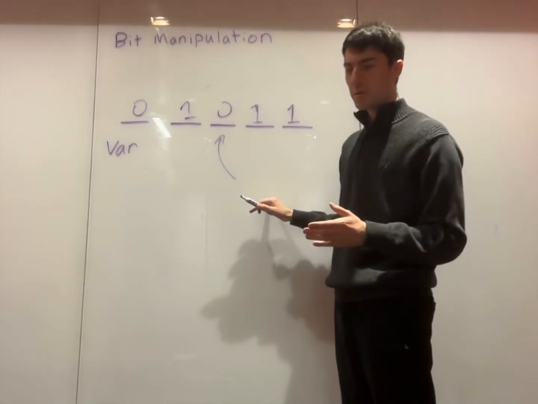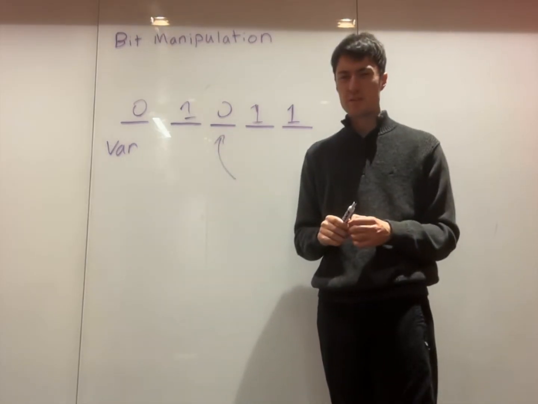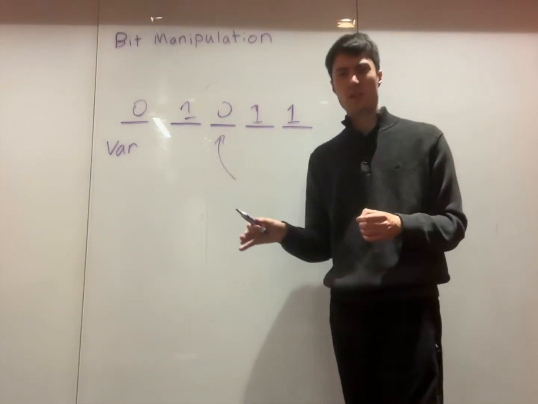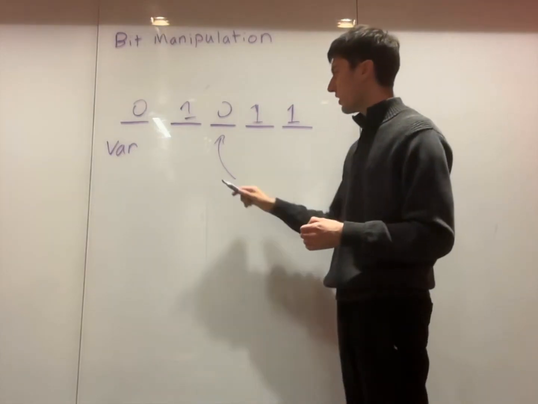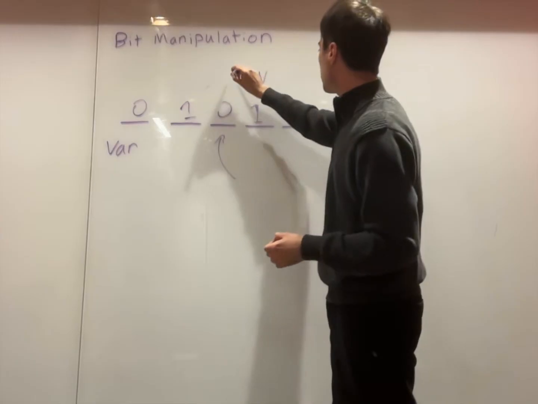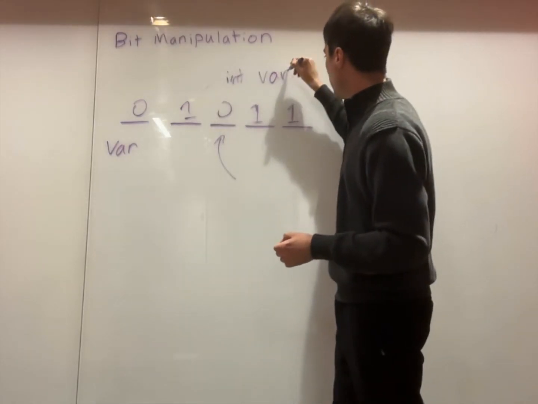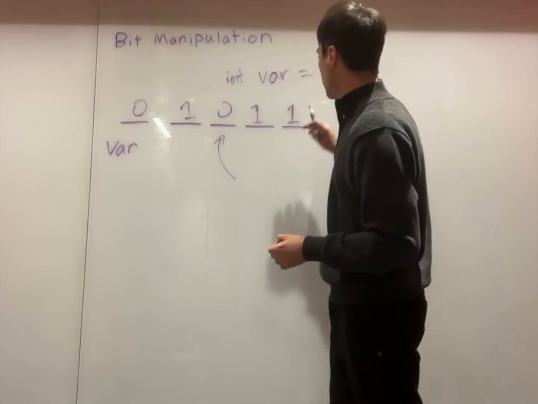When you want to set this particular place, you don't want the other ones to change, right? And I can't really take this variable because let's say like it's int var equals, and then what is this?